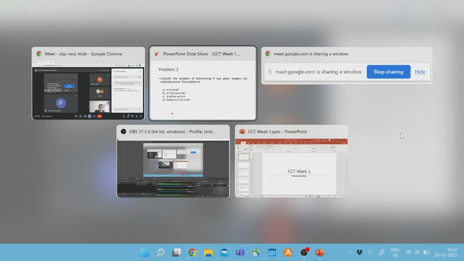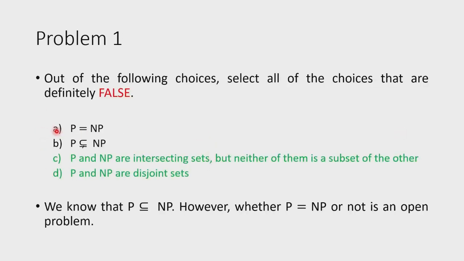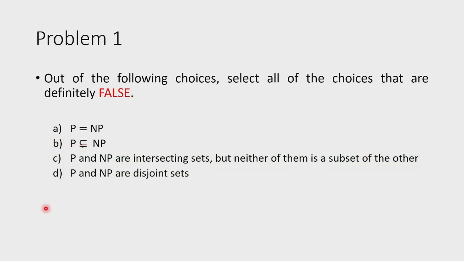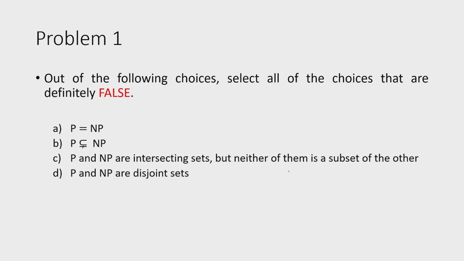So you want me to explain the first problem in the diagram? Let me go back. Which options do you want me to explain? We already know this is NP, and this is P. But we do not know if this smaller circle is the same as the larger circle or not.